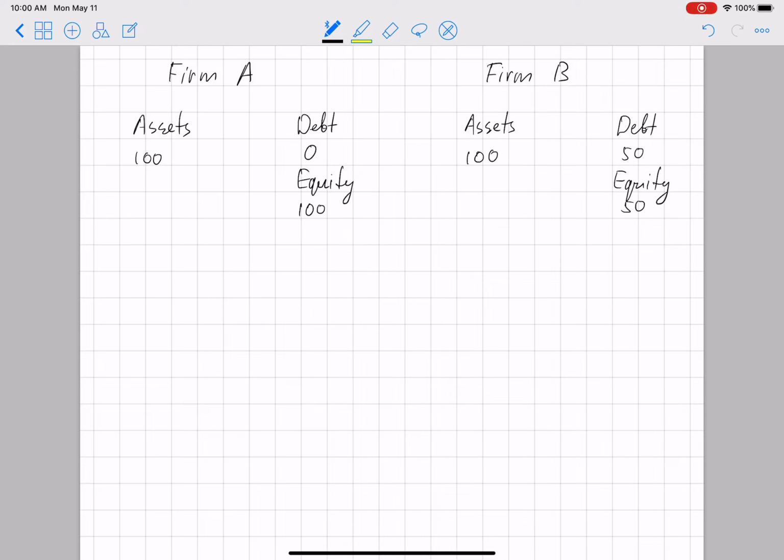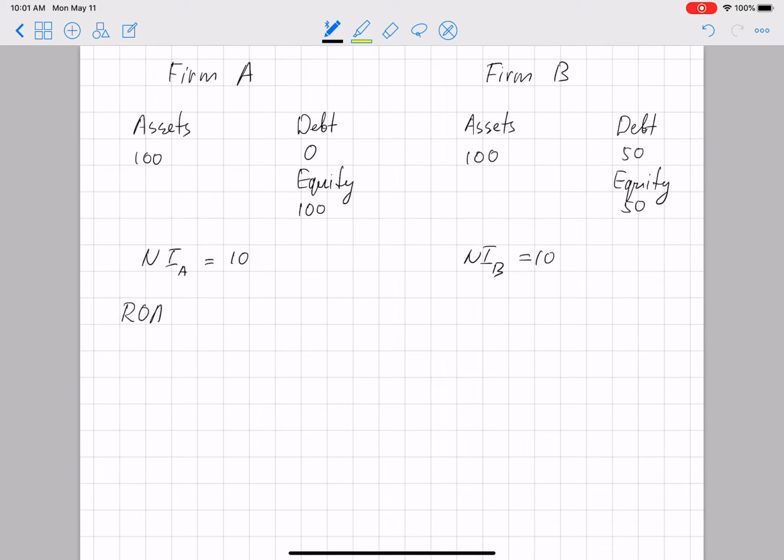Now imagine that they generate exactly the same net income. I'm going to call it NI. So NI of A is equal to, let's say, 10. And net income of B is also equal to 10. So they are equally profitable in absolute terms. So now let's calculate ROA.